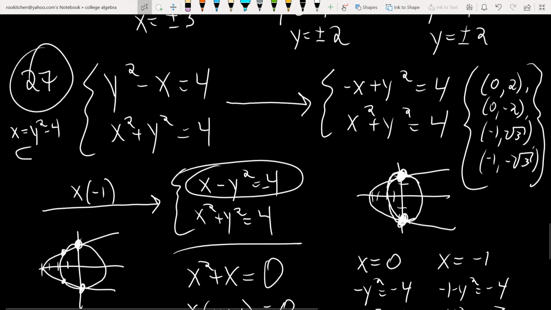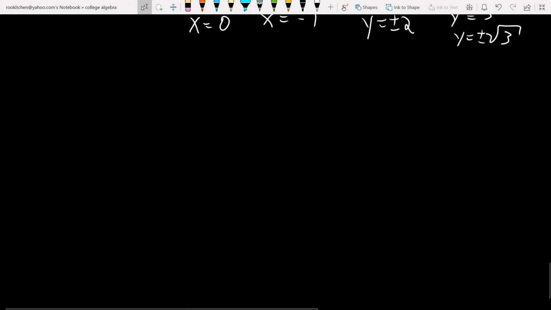If I put them in this equation, 4 minus 0, 4 minus 0, that works. 3 minus negative 1, those would be 3 plus 1, those work. In the second equation, 0 plus 4, 1 plus 3, those all work. So there's my solution set, and let's go on to an application.